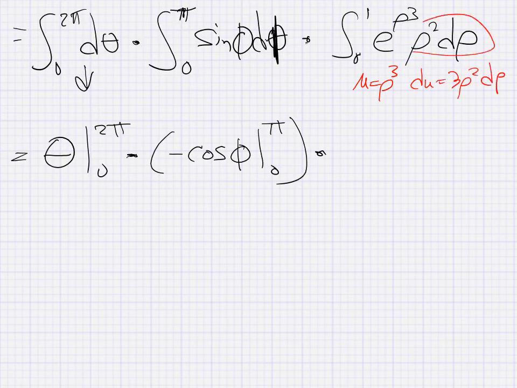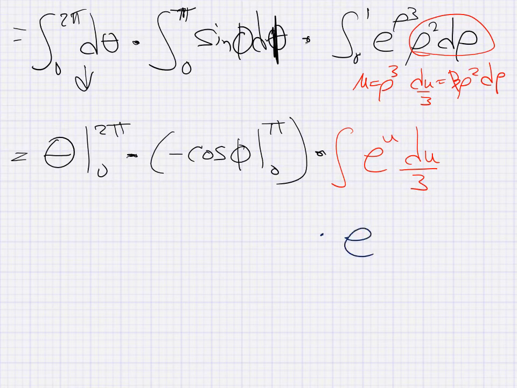And I have the rho squared d rho, just not the 3, so I divide by 3. So this will become the integral of e to the u du over 3. And so that would just be e to the u over 3, u being rho cubed, over 3, and that'll be between 0 and 1.